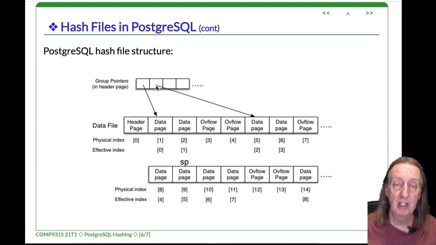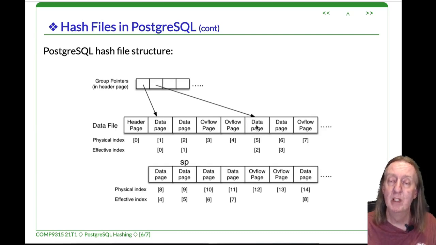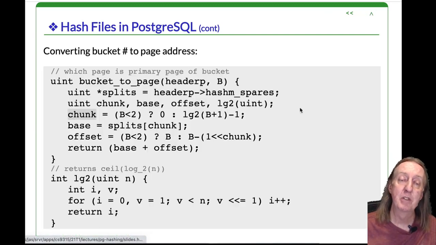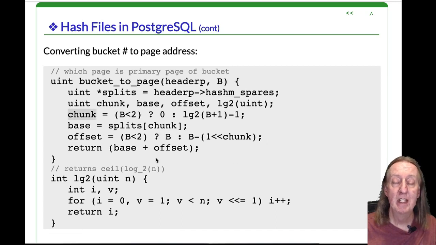It would say chunk number 1, and that gives us a pointer to the first data page in the group. We then need to work out whether it's this one or this one. So that's the offset within the group. And so that's worked out there. And then we compute the actual physical page number by going to the base of the group and adding the offset. And that'll give us a physical page number.